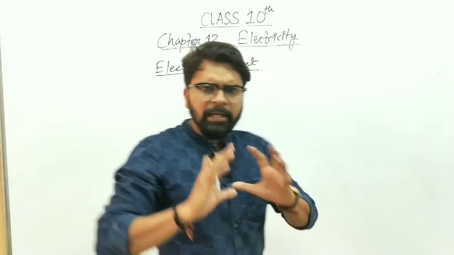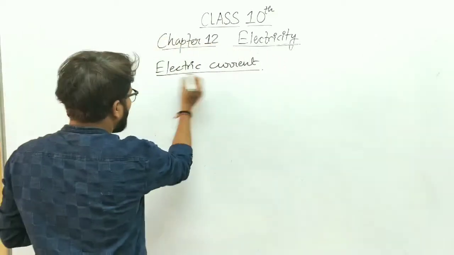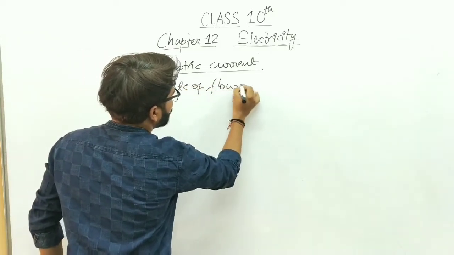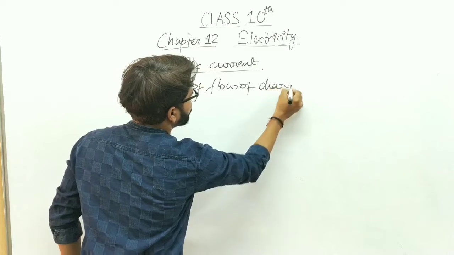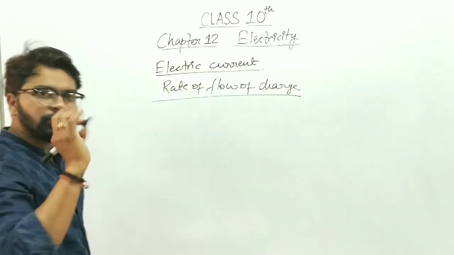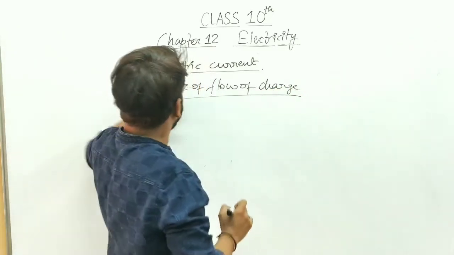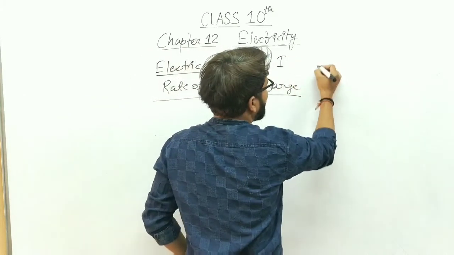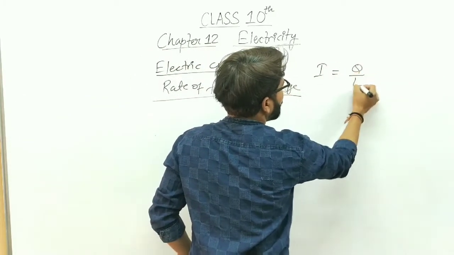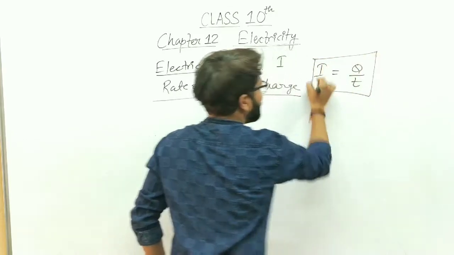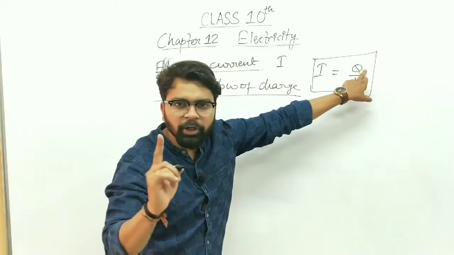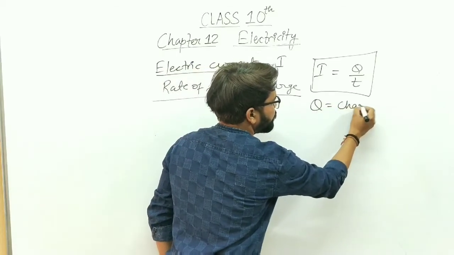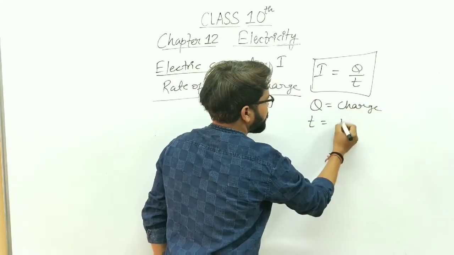In a simple way, I am writing here, it is the rate of flow of charge. Electric current is defined as capital I, and I is equal to Q upon T, where Q is charge and T is time.